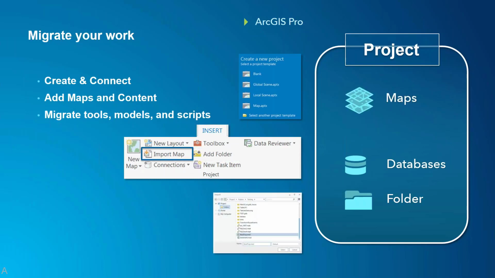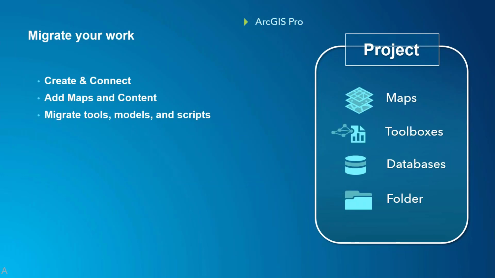But also you can import your ArcMap documents as maps in your project. And finally, you can import your toolboxes. Regarding this last point, I have to mention that ArcGIS Pro even provides some tools to execute a check-in process to verify which toolboxes would require some modifications due to the Python version change.